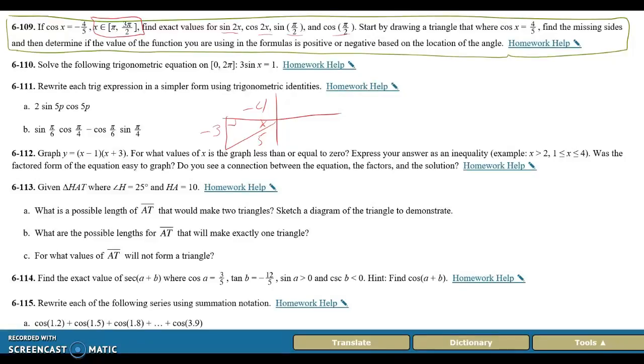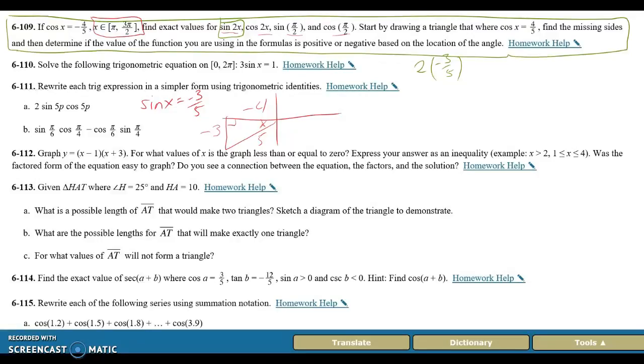So finding the exact value for sine of 2x, we can use the formula that we've just learned. The formula indicates that it equals 2 times the sine of alpha. Sine of alpha, or sine of x in this case, is -3/5.